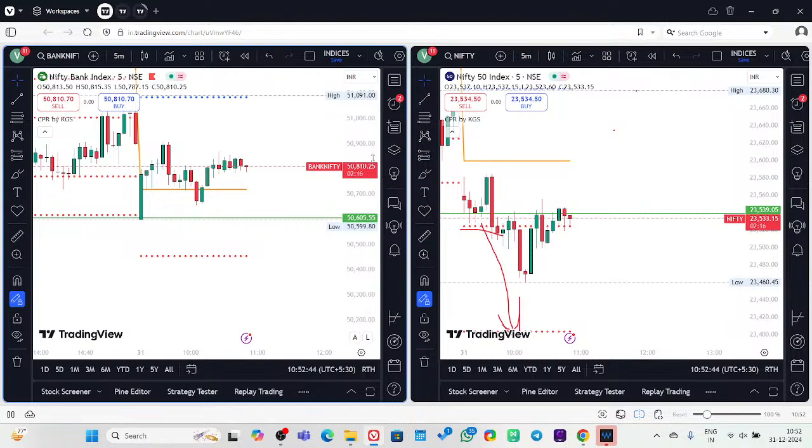It's more to close this candle. See, that's a good green candle.